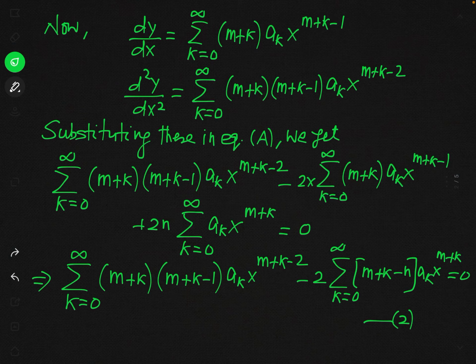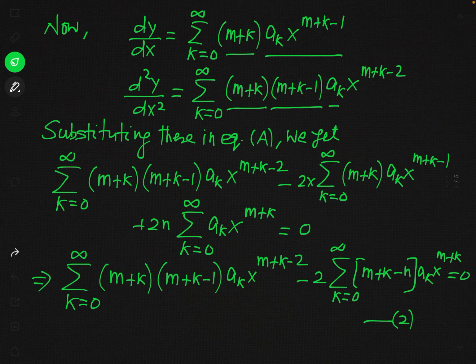You can see this will be simply summation k from 0 to infinity of (m plus k) ak x raised to the power m plus k minus 1. And again, when you differentiate it with respect to x, you will get d2y/dx², and that will be equal to summation k from 0 to infinity of (m plus k)(m plus k minus 1) ak x raised to the power m plus k minus 2.